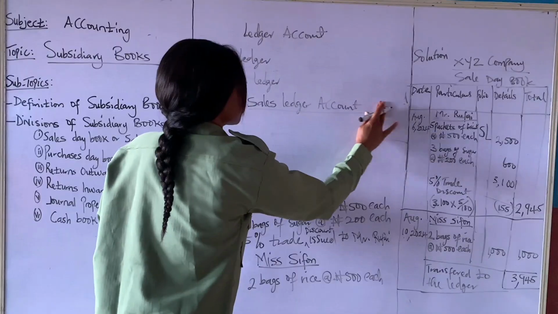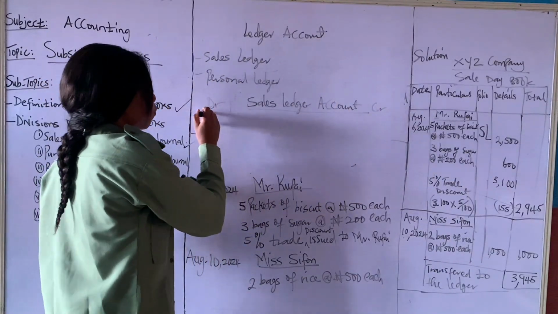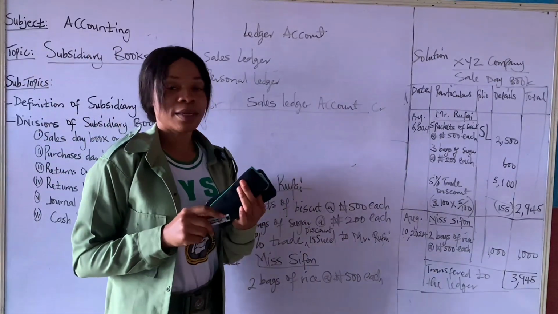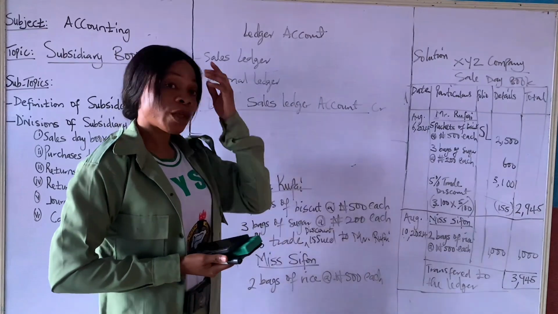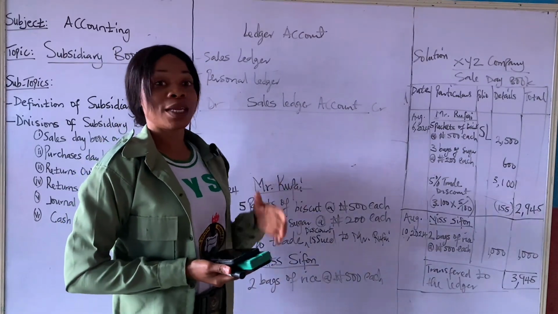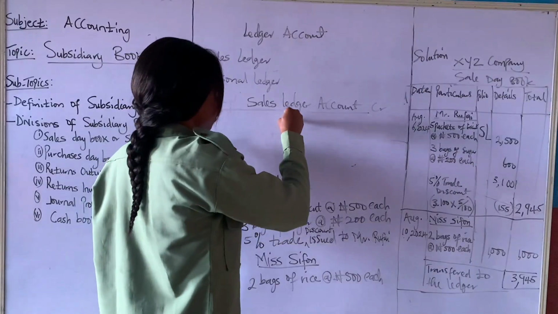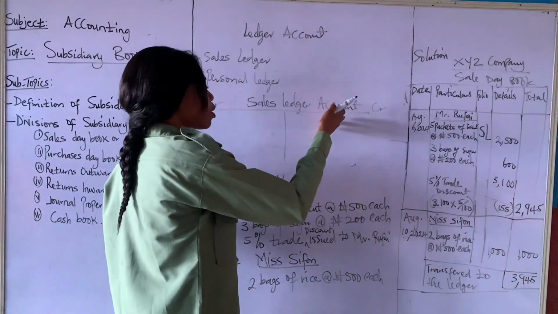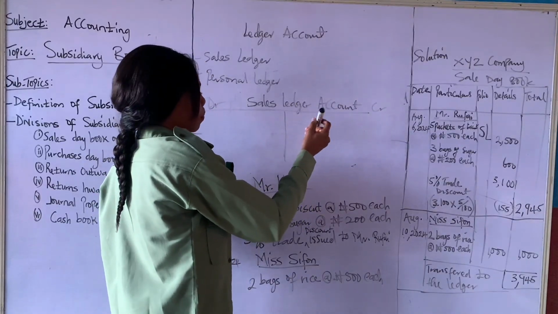Remember that ledger follows the law of double entry, which states that every credit transaction must have a corresponding debit entry in another account. Okay, so we come here, record this total on the debit side of this sales ledger because it's a credit transaction.